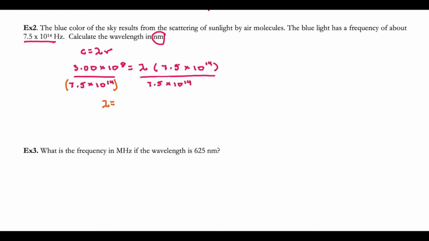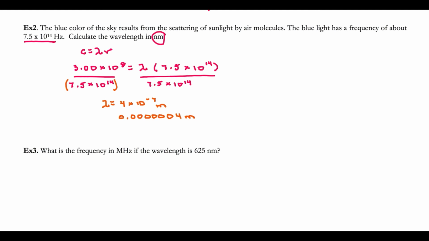And so what I end up getting for my wavelength is 4 times 10 to the negative 7th meters. Or you could have also gotten it in standard notation, it's the same value. Notice right now I have only 1 sig fig, but I'm not done with the problem, so I'm going to just keep going.